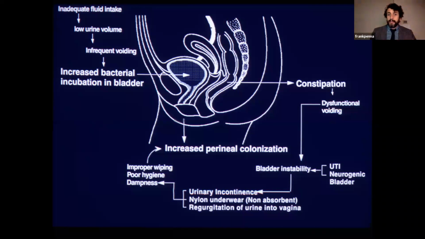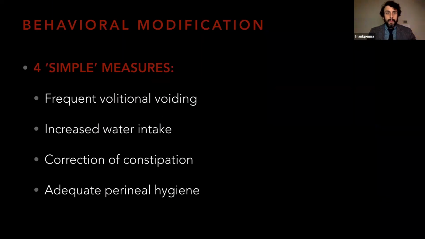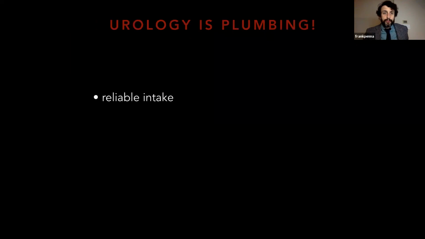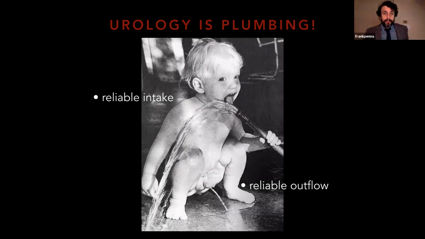All of these things can contribute to getting something like a UTI, but I just mentioned this already: staying hydrated, correcting constipation, adequate perineal hygiene, spreading the legs, keeping the area clean, wiping in the proper direction, and then frequent volitional voiding. So certainly urology is plumbing. Reliable intake and reliable outflow is what we hope for.